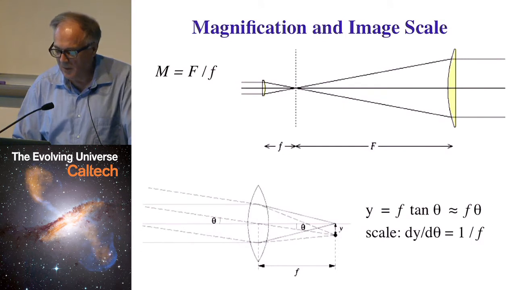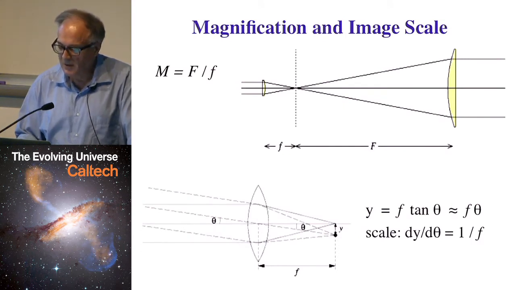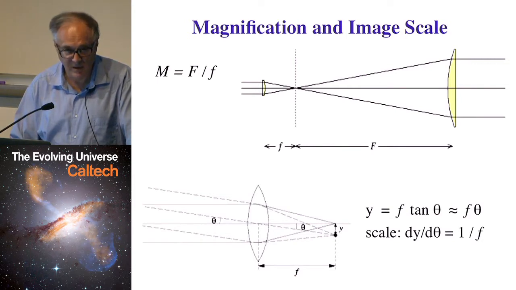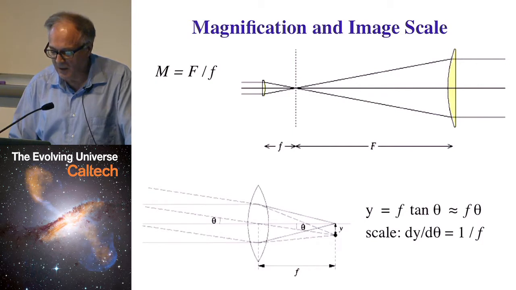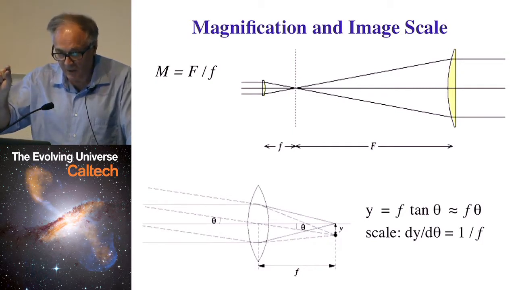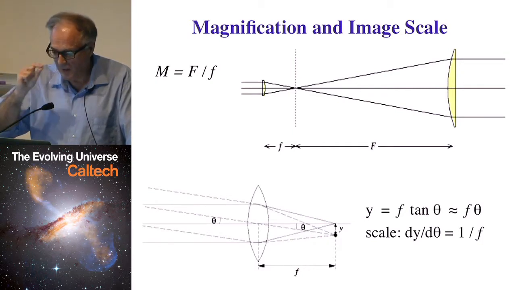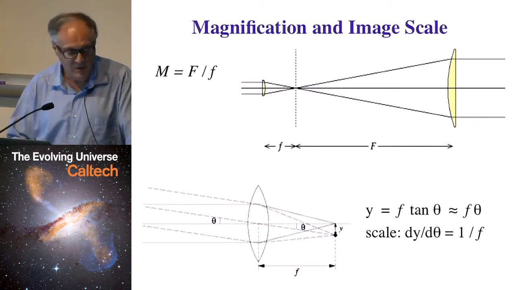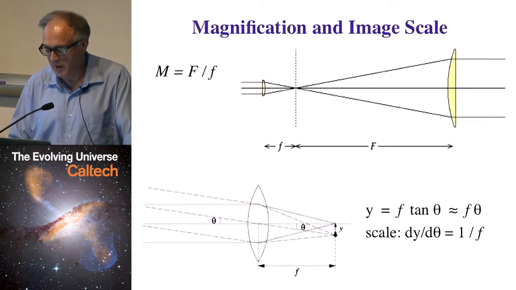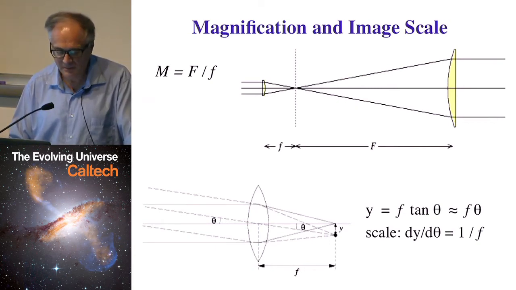But the thing to remember is that the magnification is essentially the ratio of the two focal lengths of the two lenses. And the scale of what angle corresponds to what linear scale in the focal plane will be given by this small angle formula, and it'll be 1 over the focal length.